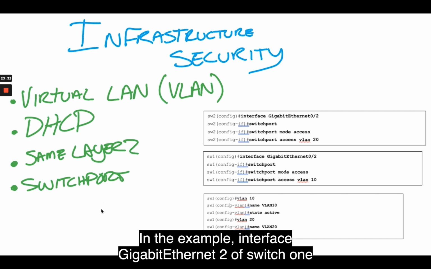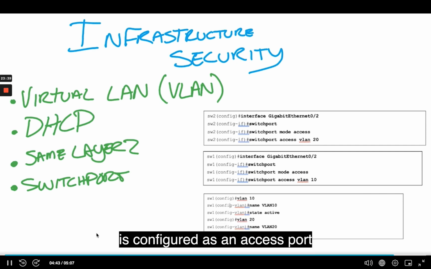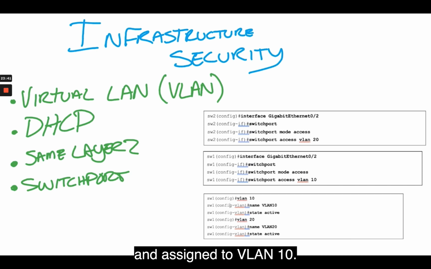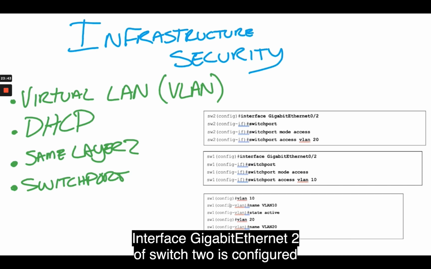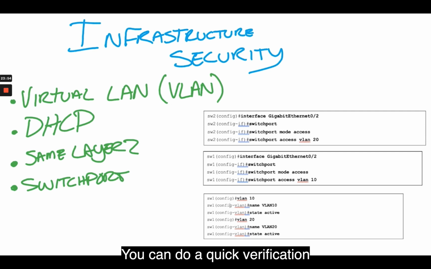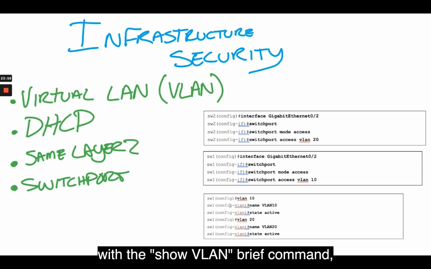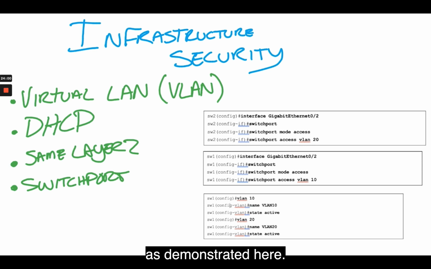In the example, interface GigabitEthernet 2 of switch 1 is configured as an access port and assigned to VLAN 10. Interface GigabitEthernet 2 of switch 2 is configured as an access port interface and assigned to VLAN 20. You can do a quick verification of the newly created VLANs and associated ports with the show vlan brief command as demonstrated here.